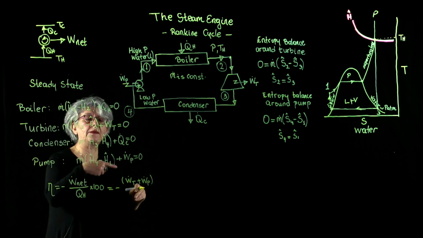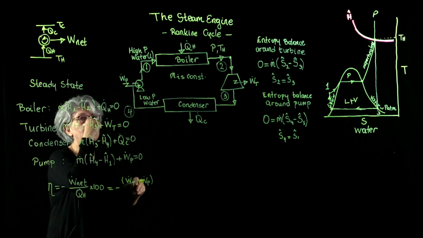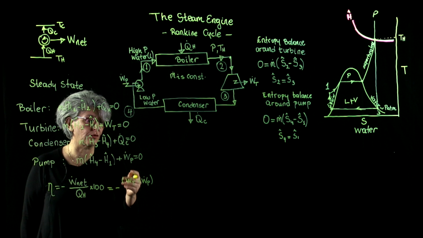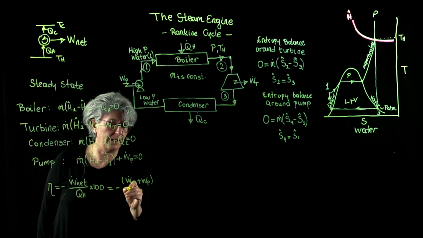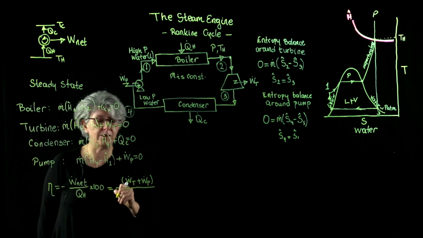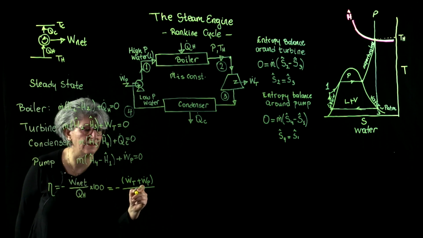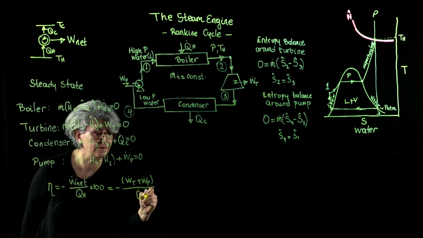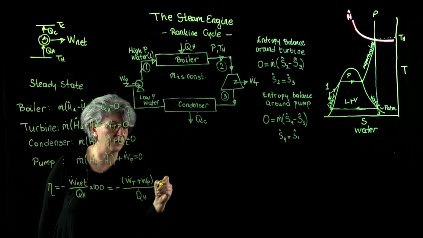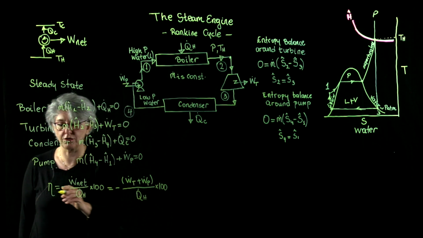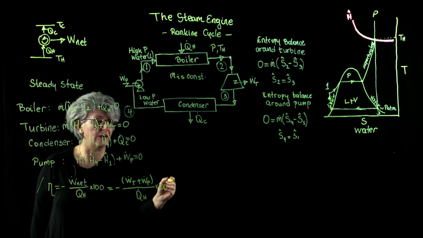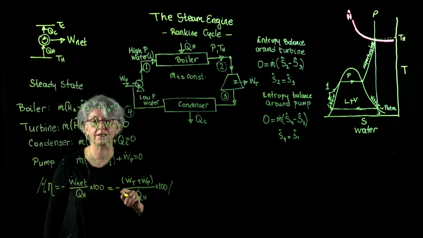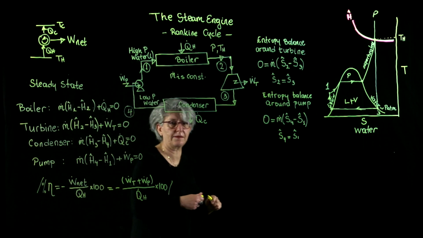One is going to be positive, the other one is going to be negative, and the net work is the sum of that, divided by Q sub H, multiplied by 100. So this is the percent efficiency of a Rankine cycle of the steam engine.